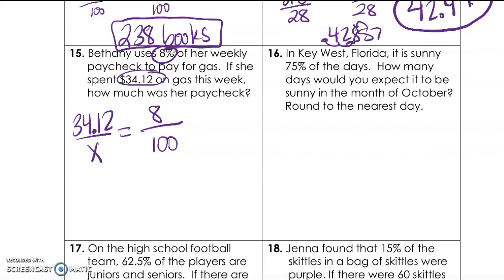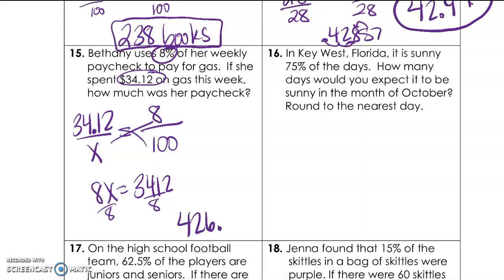You're trying to find how much her whole or her total paycheck was. So again, cross multiply, 8x equals 34.12. Divide by 8. This is money, so you would get 426.5, so we need to put 50 and a dollar sign: $426.50.